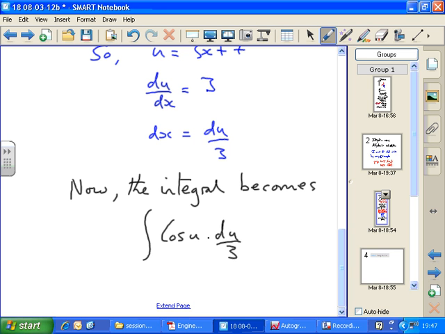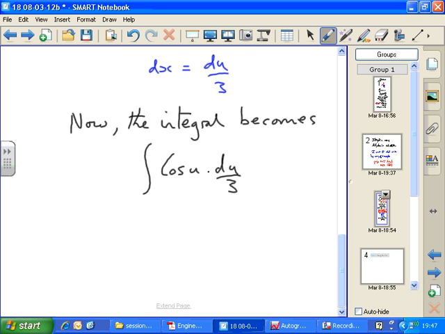So I've changed the thing I'm trying to integrate with respect to into the correct form, u. So I'm integrating cos u with respect to u. That's like 1/3 du. Du over 3 is the same as times by 1/3. So this can become 1/3 of the integral of cos u du. I can take that third outside the integral because it's a constant.